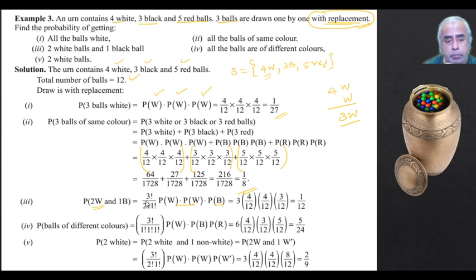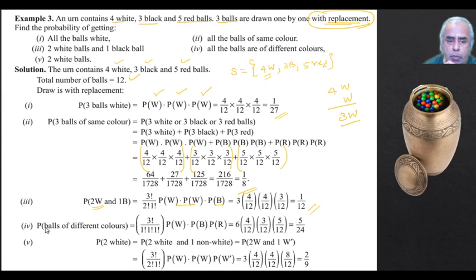Because we have to take all the possible combinations here, we take 3 factorial divided by 2 factorial into 1 factorial. So here 3 of 4 by 12, 4 by 12, 3 by 12, and you can cancel all these and finally you get 1 by 12.